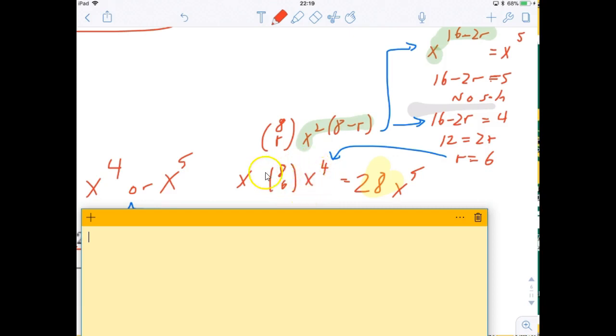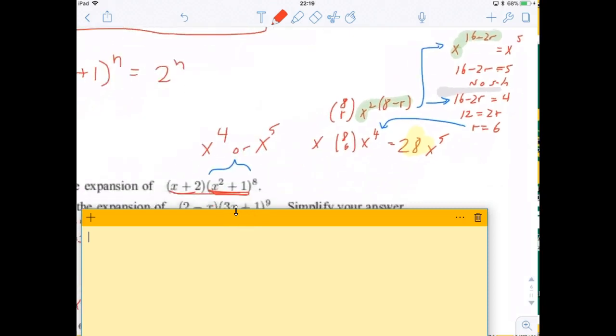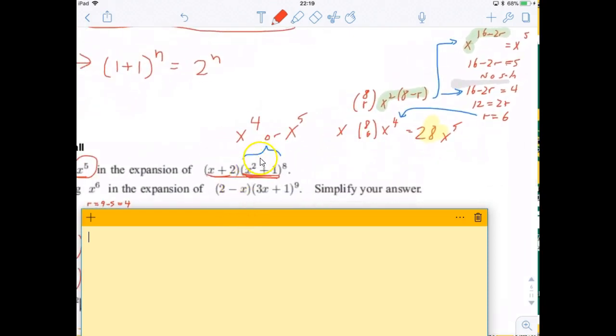Now, since it's the x to the fourth term, we have to remember that we need to multiply it by x in order to make it into an x to the fifth term, right? So we have x times 8 choose 6 times x to the fourth. Okay? So that would be 8 choose 6, which happens to be 28, times x to the fifth.